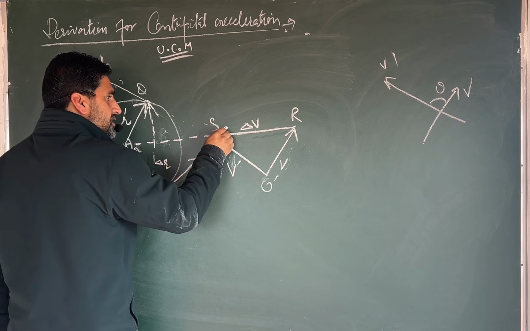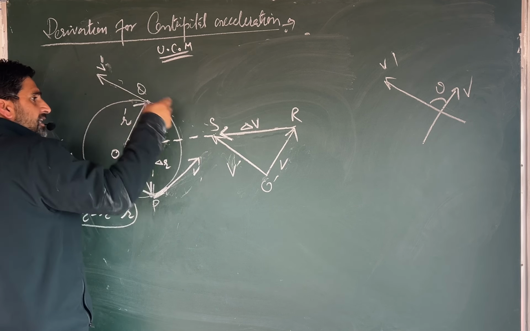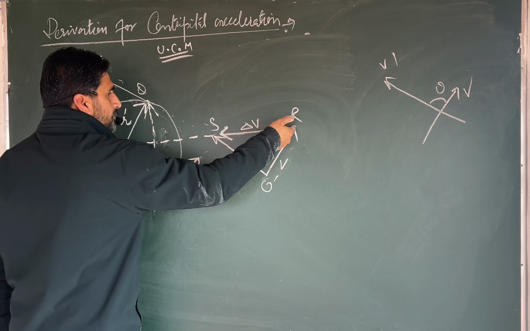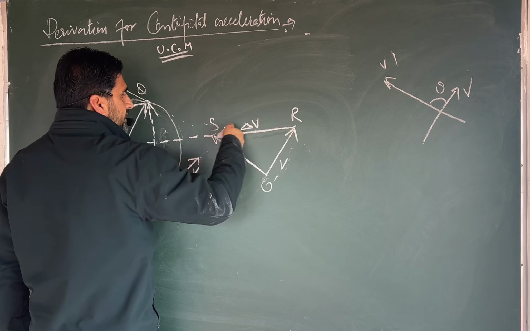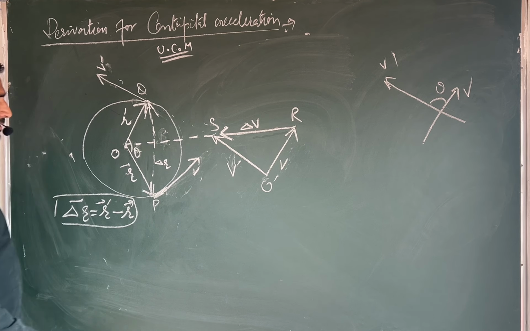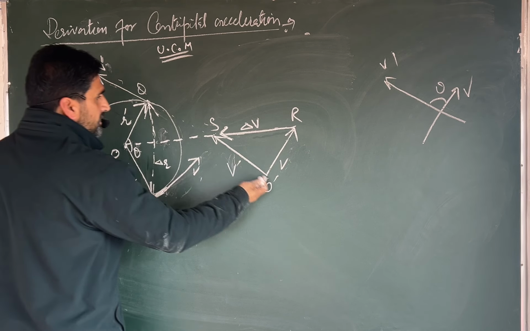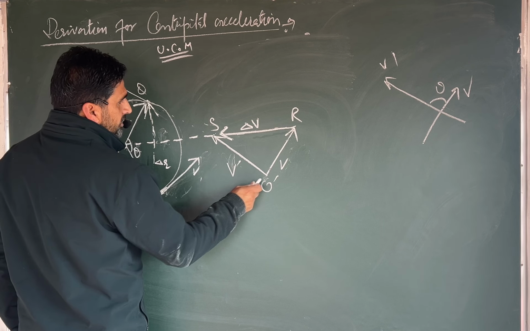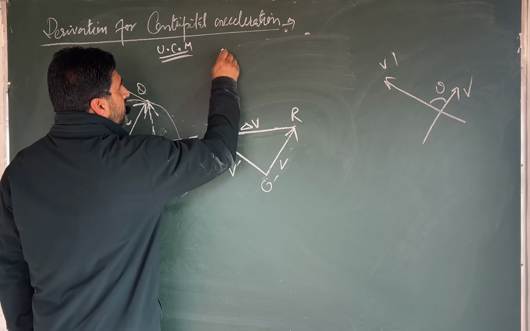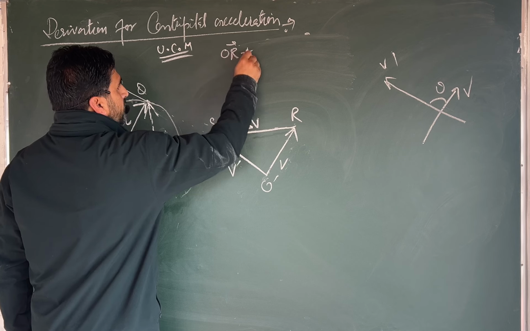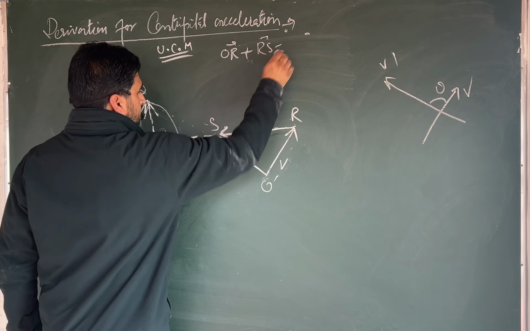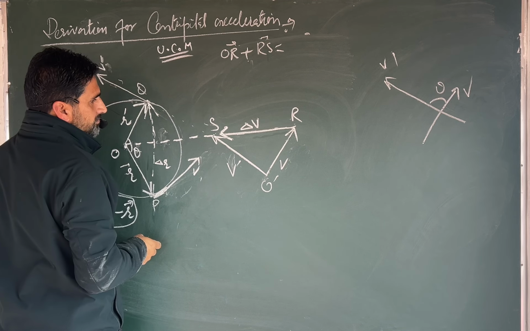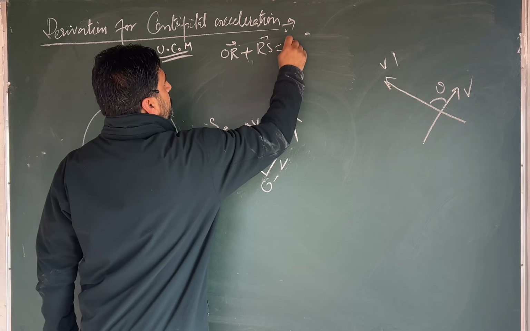Just as the change in displacement was like this, now for the velocity vectors I will draw the vector in this direction, that is the change in velocity. So I can again use this triangular law. Then I can write OR plus RS vector is equal to OS vector.